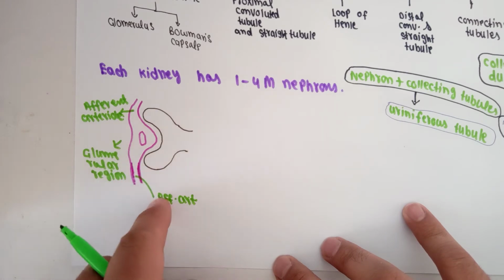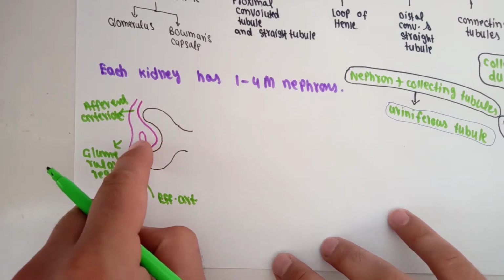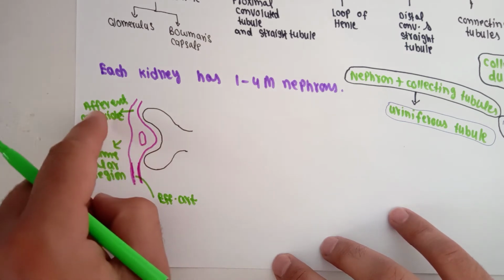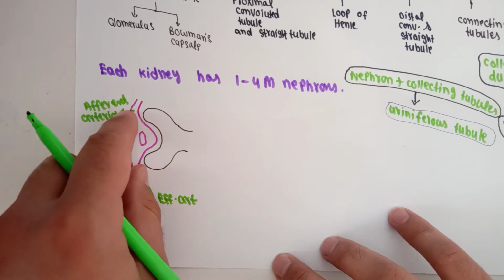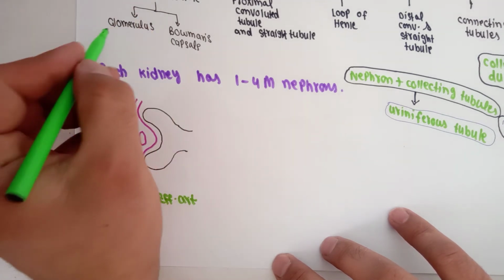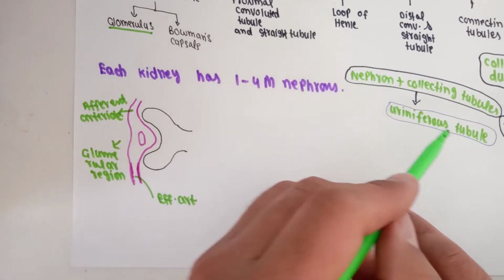This region that contains glomerular capillaries, these are called glomerular capillaries. Afferent arteriole plus efferent arteriole and glomerular capillaries form a structure which is called the glomerulus. Okay, this is the first part of the renal corpuscle.